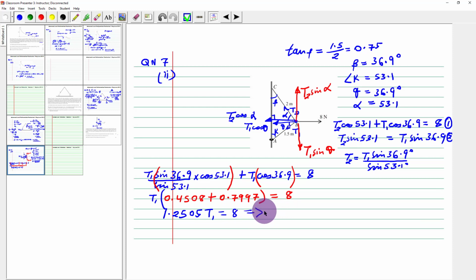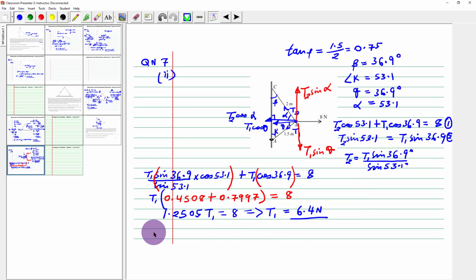implying that T1 is equal to 6.397 recurring. We can say it is around 6.4 newtons to 1 decimal place. So that is T1. And now I can come here and get T2.